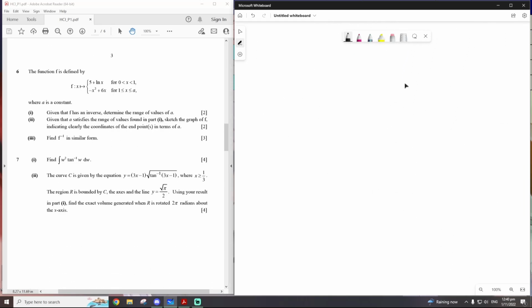Question 6. We have a piecewise function. Given that f has an inverse, determine the range of values of a.